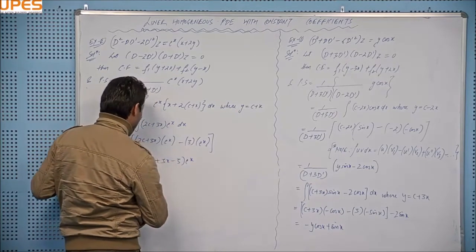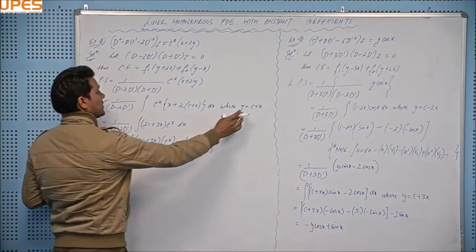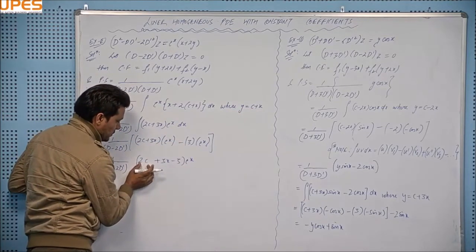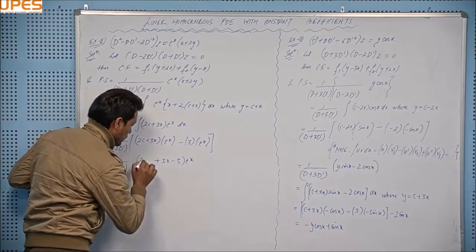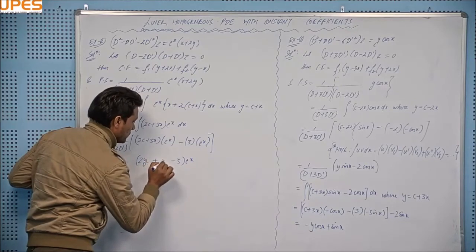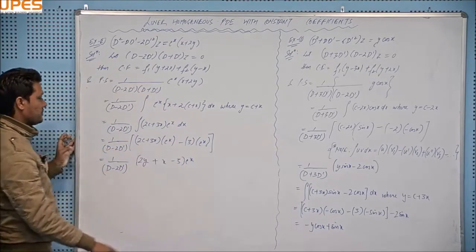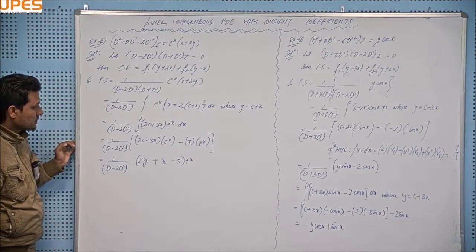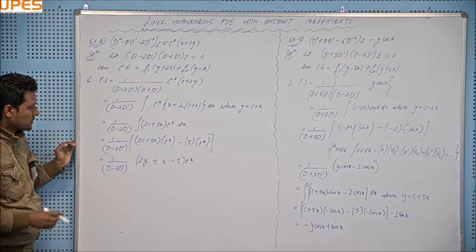But what about c? c should be replaced back. What is c? c is y minus x. Substitute y minus x here, and I will get 2y minus 2x, and then 2y plus x after simplification on substituting back the value of c. That is fine. Correct.